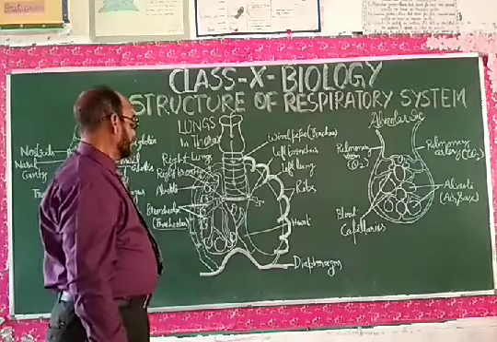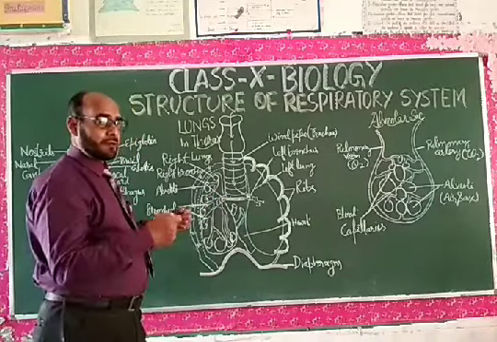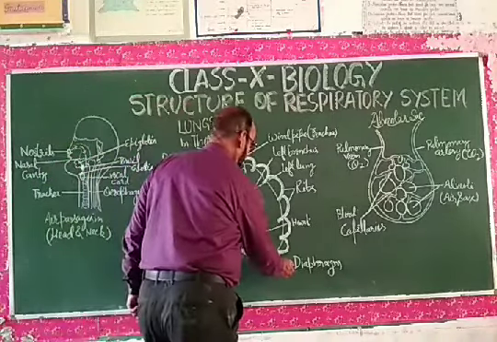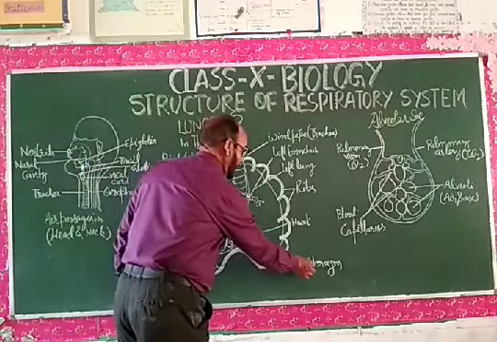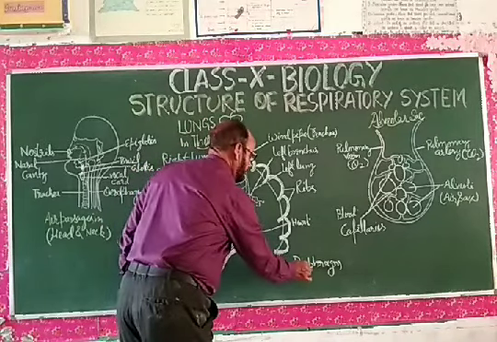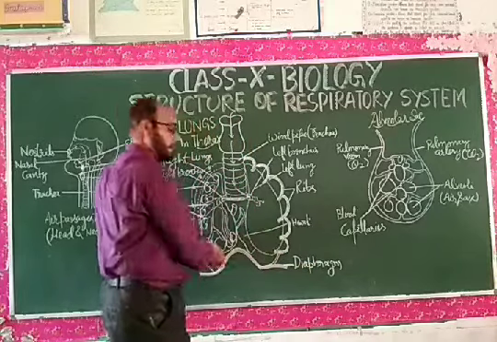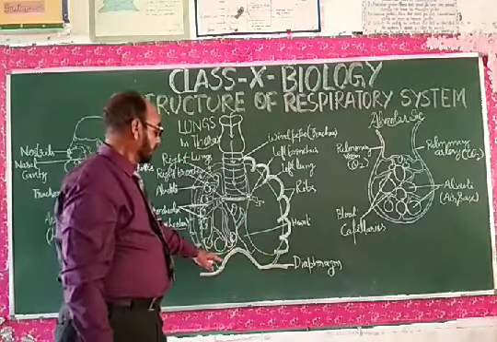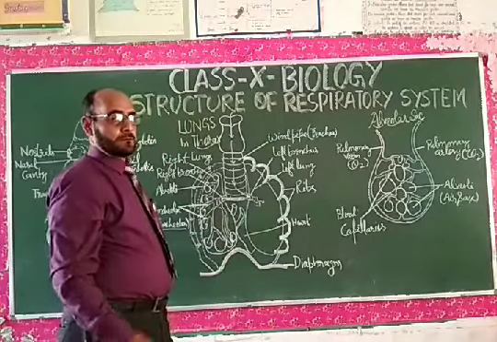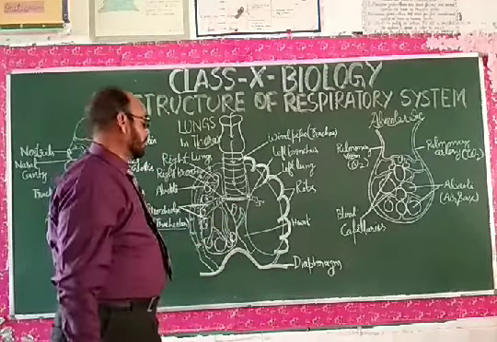This rib cage is able to contract and relax with the help of the muscular band that is found at the diaphragm, just beneath the thoracic region. This diaphragm separates the thoracic region from the abdominal region.